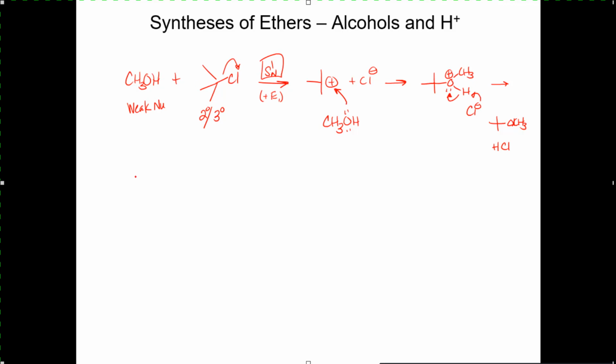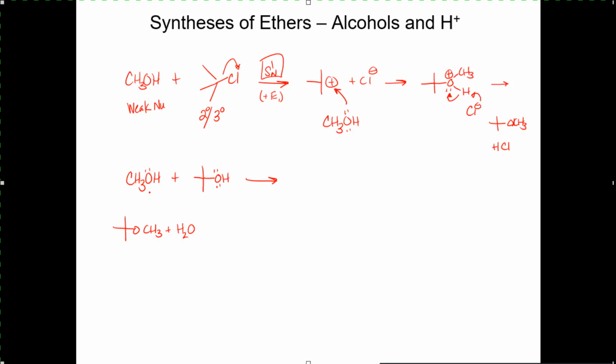Now, we could change this molecule up and also change the mechanism by saying, could I react tertiary butyl alcohol and methanol and do the same reaction and make as our final product tertiary butyl methyl ether, and then eliminate water as the product? So could I do this reaction?